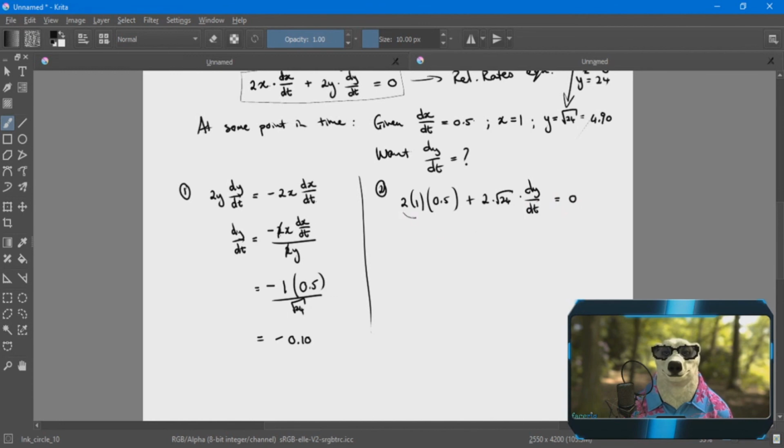Then people can calculate this, people calculate that, and move the numbers around to solve for dy/dt.